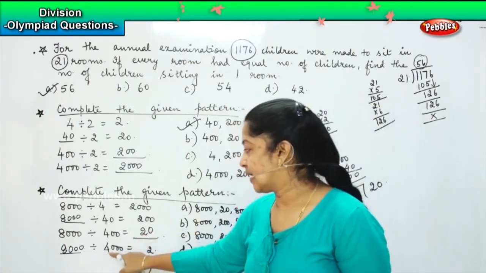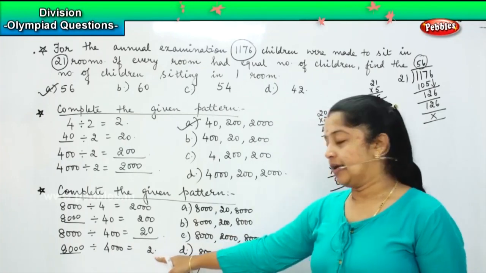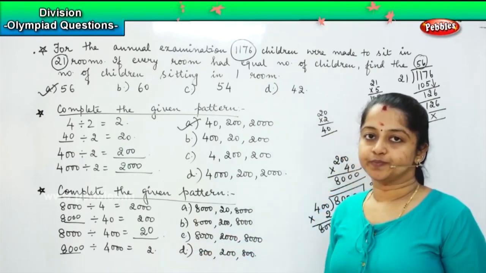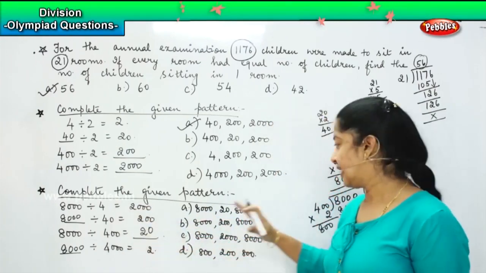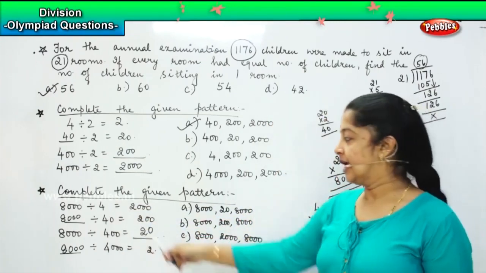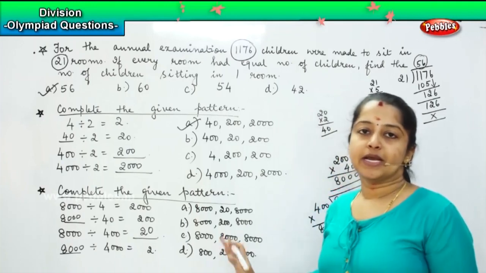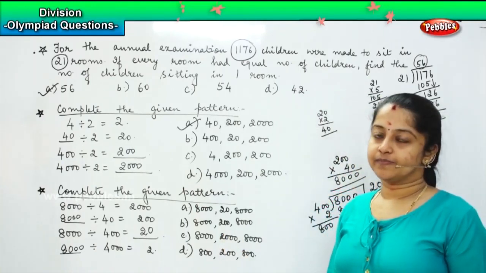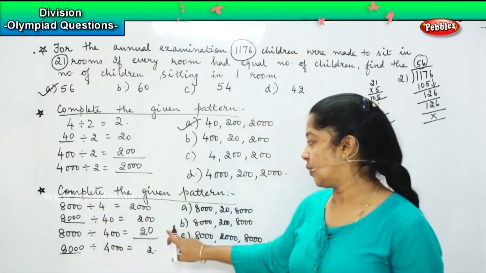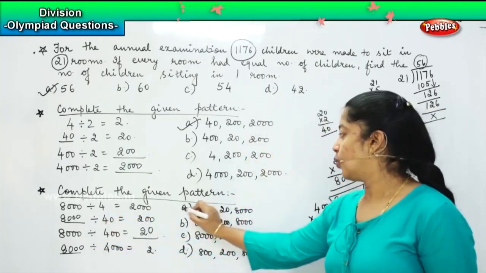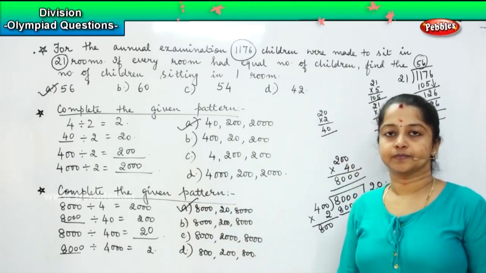And in the last case, when I added 3 zeros, my quotient became 2. Clear? So you have to understand this pattern each and every time. Instead of dividing or multiplying, if you understand the sequence, it becomes easy for you to solve the mental maths. Okay. So in this case, my answer is 8000, 20 and 8000, which is option A.